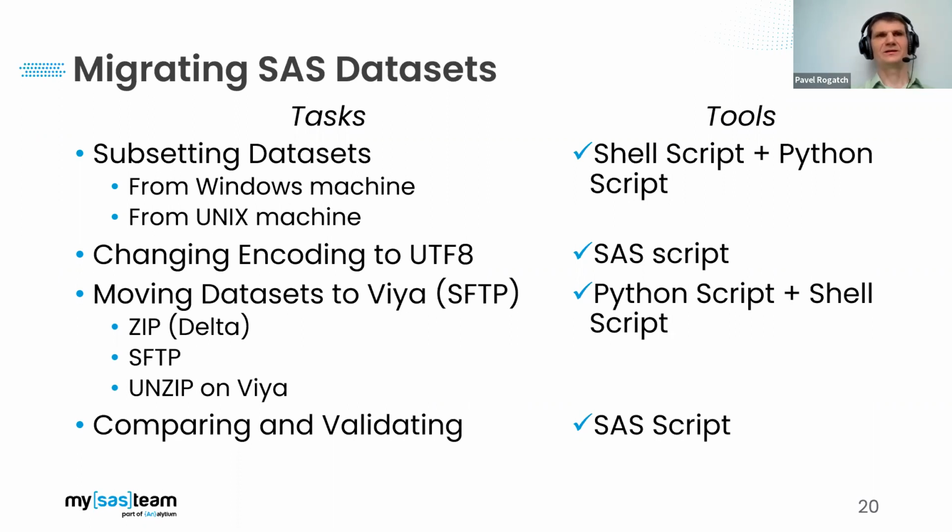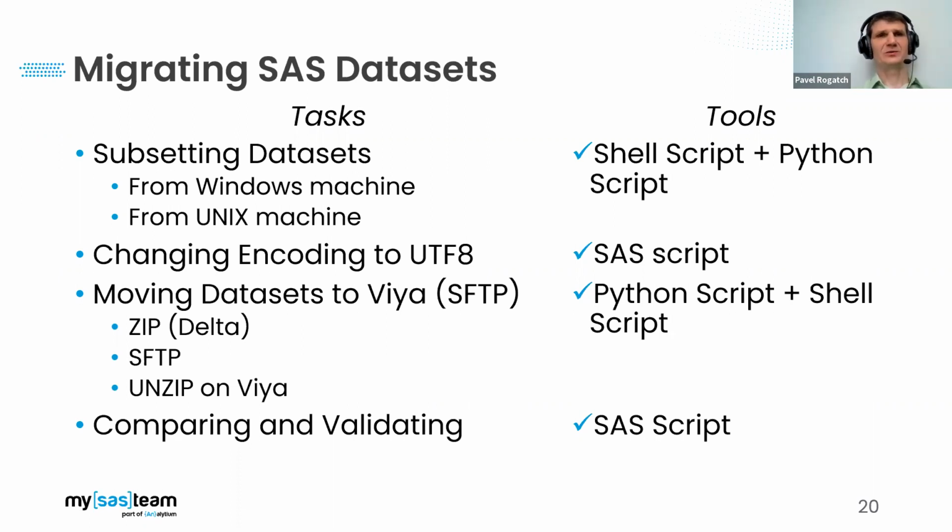So to avoid truncation of data, the encoding of all datasets had to be changed to UTF-8, and we did it programmatically with a SAS script. Then we used a Python script, also a shell script, to zip and archive all datasets and send them to the new platform using SFTP.